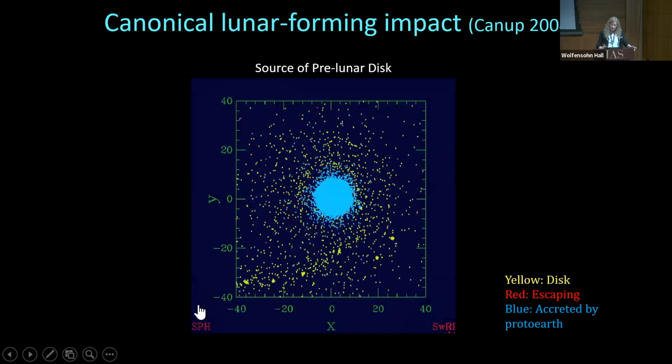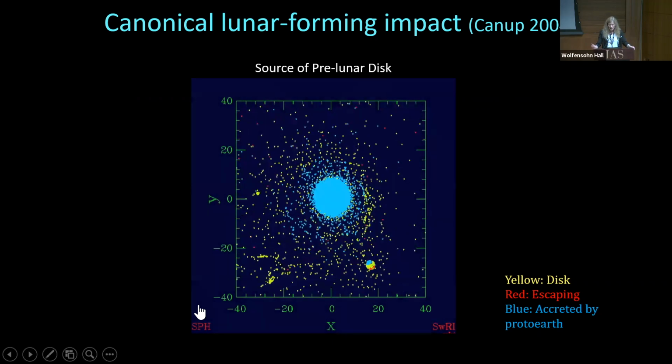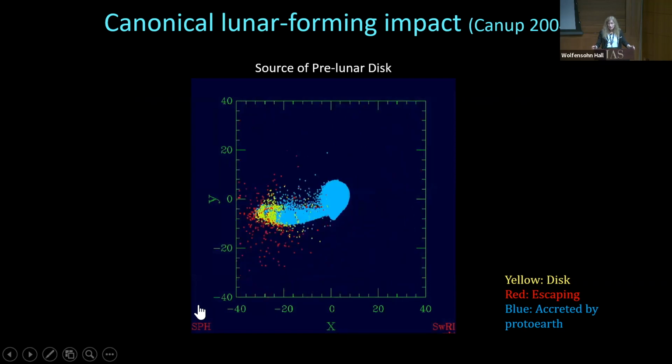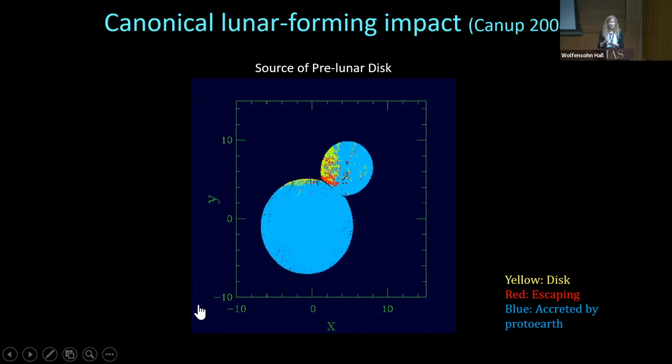And when we do that for canonical impacts, we find that the material that ends up in the disk overwhelmingly originates from a single region on that impacting planet, on Theia. It's this region that just grazes past the target. So the impact is going in this direction in this frame, okay? And so it's this region here of the impactor that's most effectively torqued into orbit around the Earth, and that'll prove to be very important.